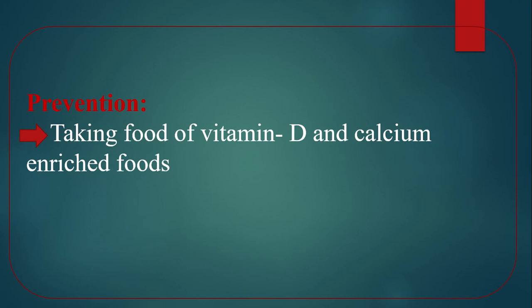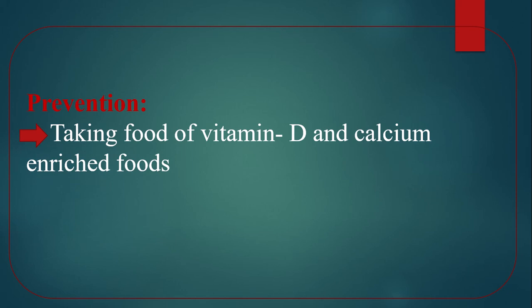Prevention: taking food of vitamin D and calcium enriched food. I told you that osteoporosis is the disease of calcium deficiency. Why do we have to take vitamin D? There is a reason.